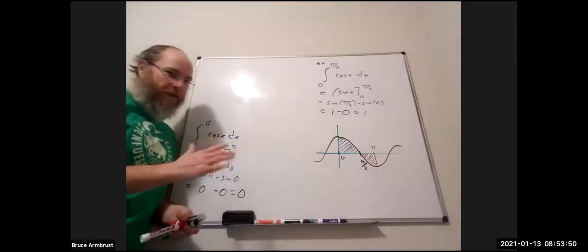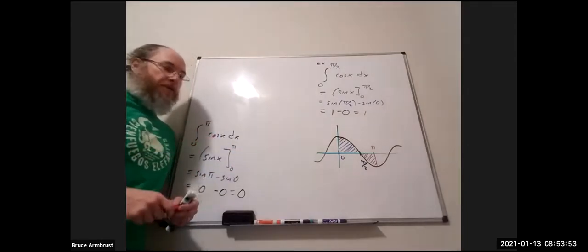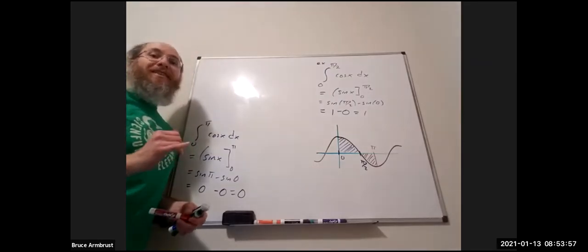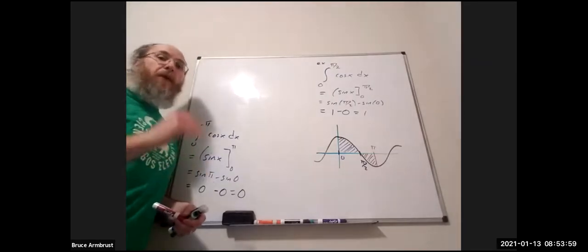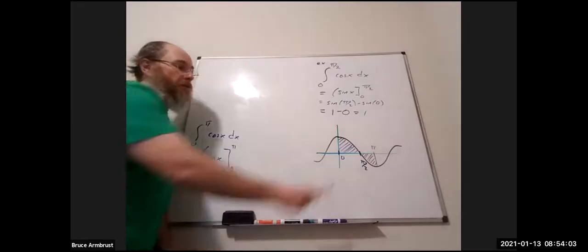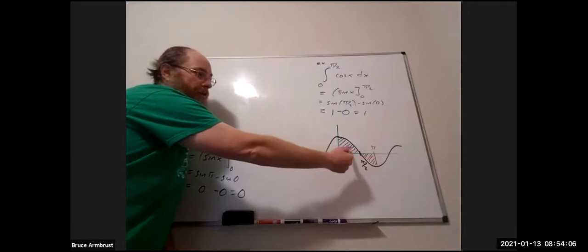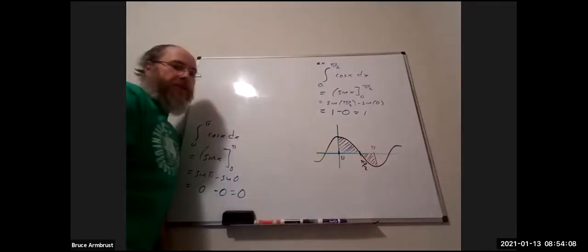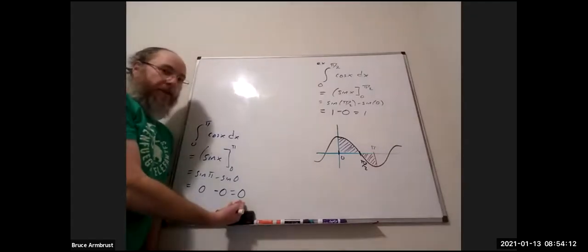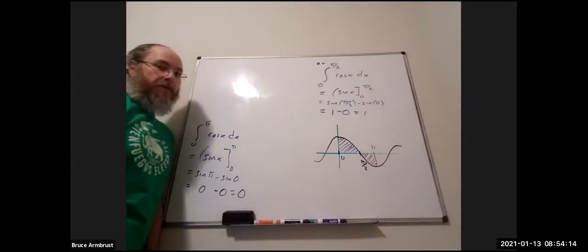Clearly my graph's not quite right, but technically those areas are the same. But remember, the integral gives us signed area, so it gives us positives when we're above the x-axis and negatives when we're below. Since these two are the same area, the blue one's going to be positive, the red one's going to be negative, they cancel each other out, and we get 0.